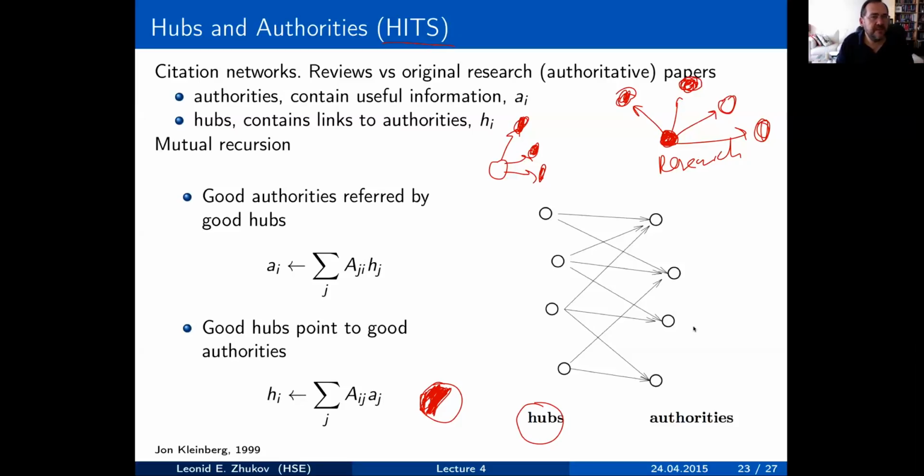And so you can create the logic that a good research paper is such a paper that cites very good reviews, and good reviews will always point to good research papers.